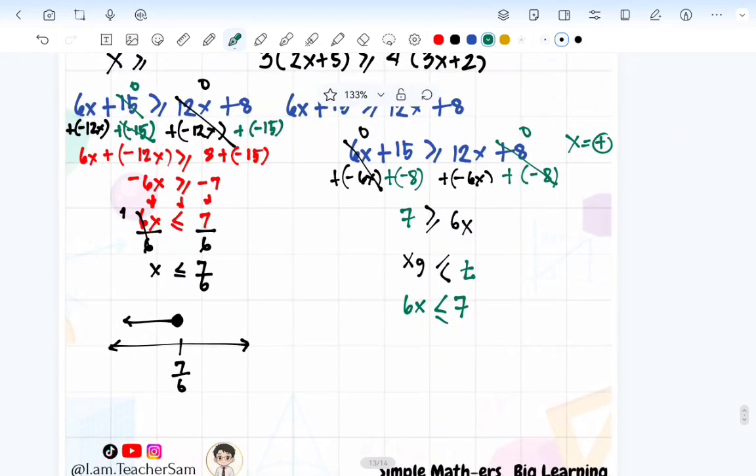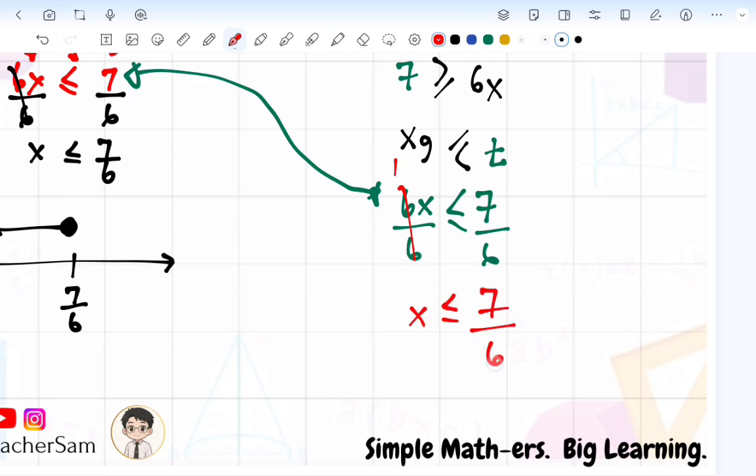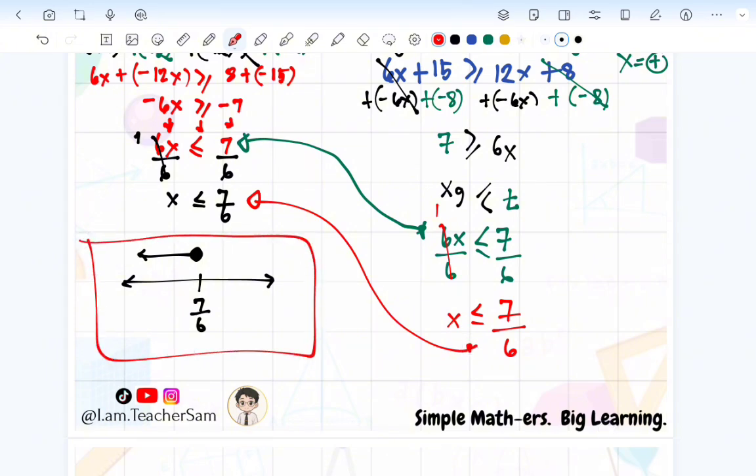And you can see from both sides that the methods are now looking the same. Divide by 6 again so that we can take it out and become 1. We have x is less than or equal to 7 over 6, which will also be the same answer and will give us the same range on a number line.